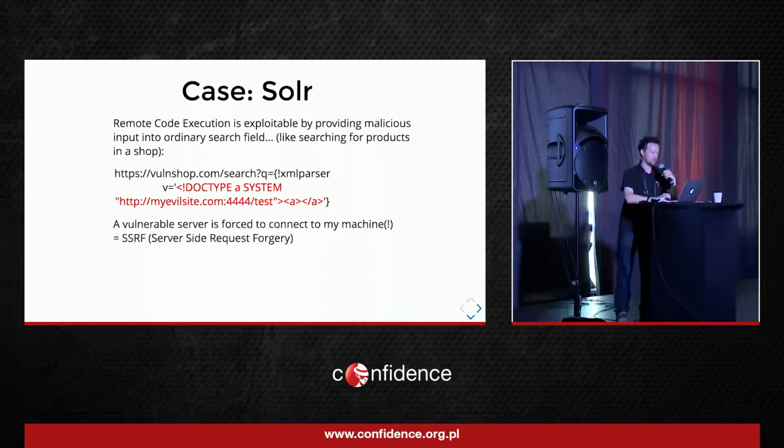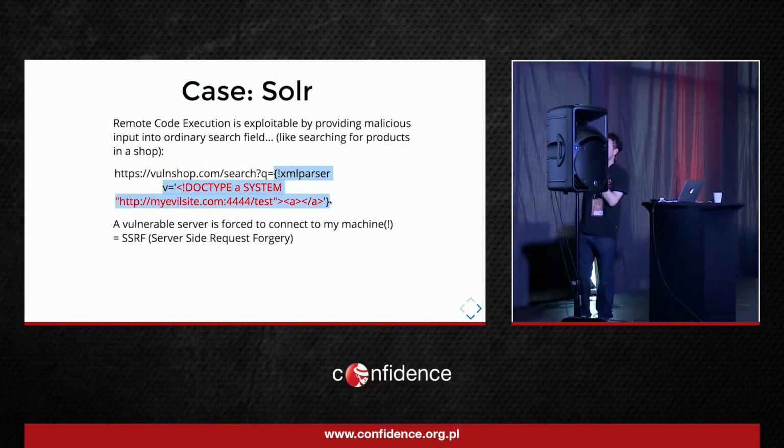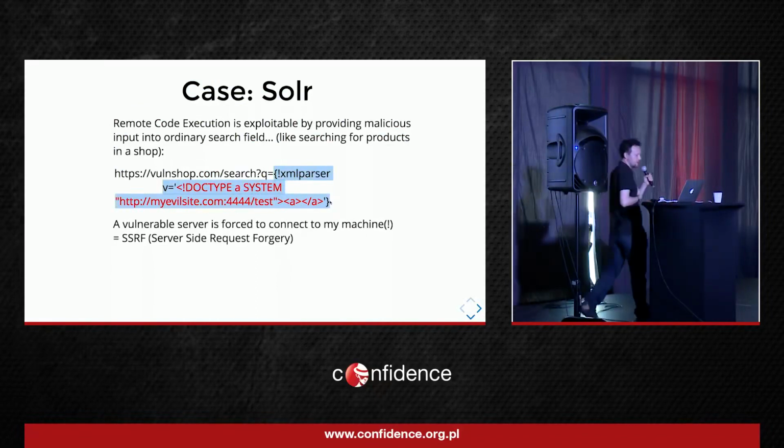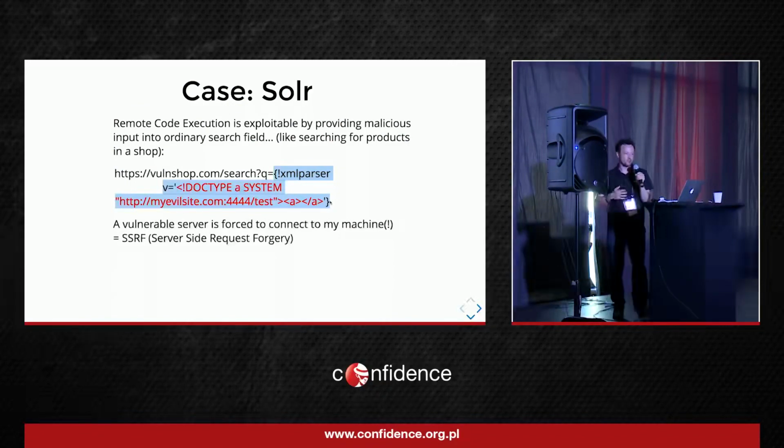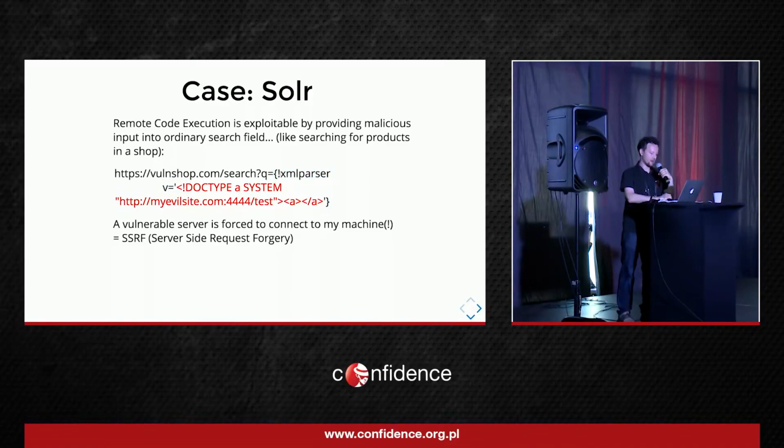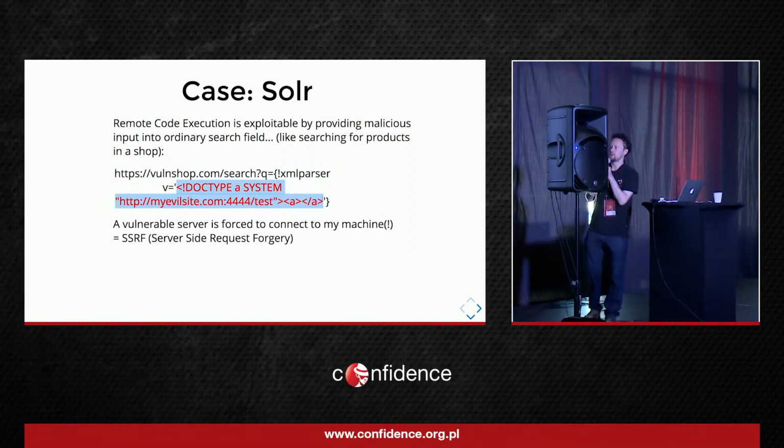The first step was like this. If we provide a query string like this, it begins with this crazy specific string, exclamation mark, XML parser, and we can put an XML here, which is automatically parsed server side.